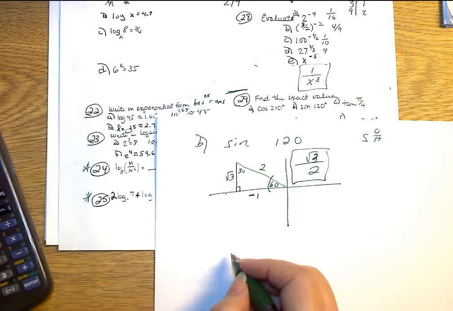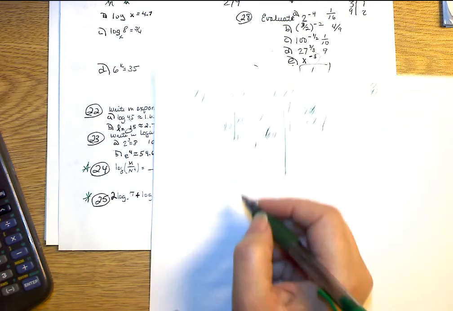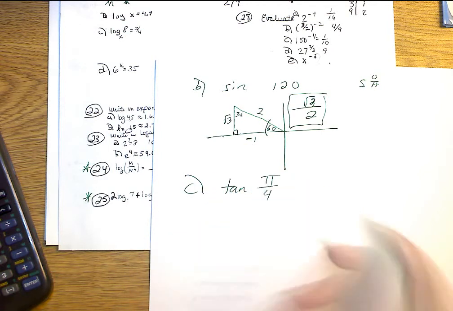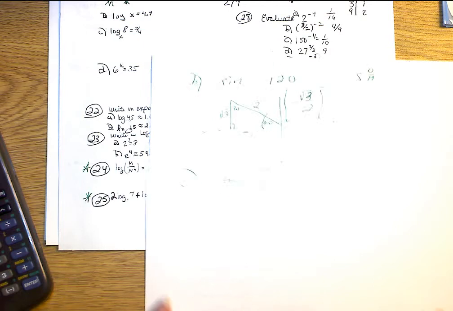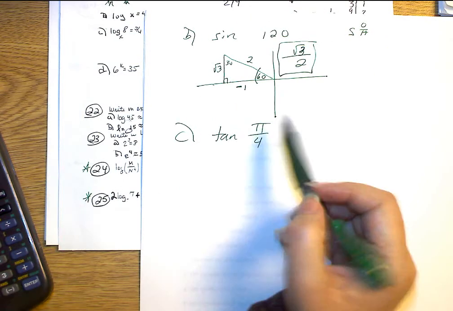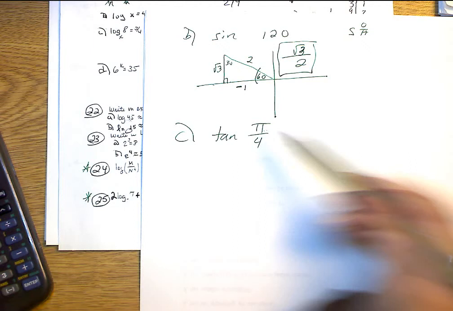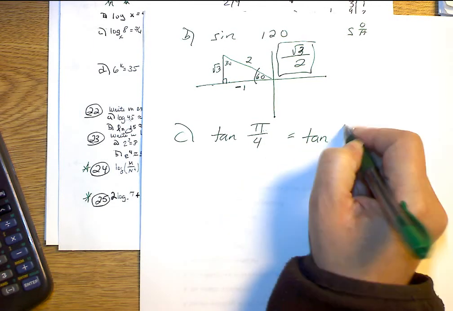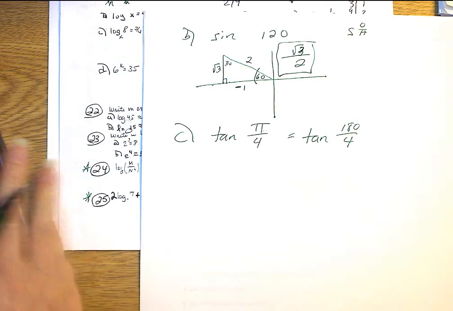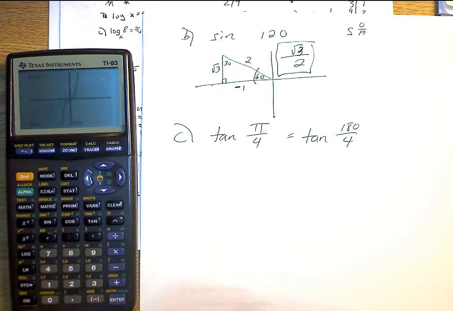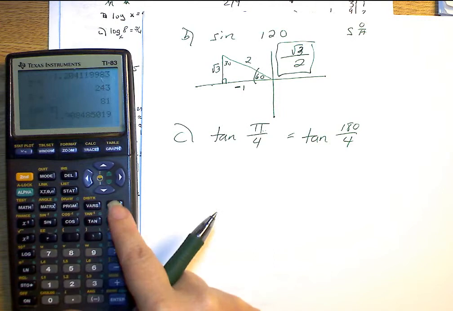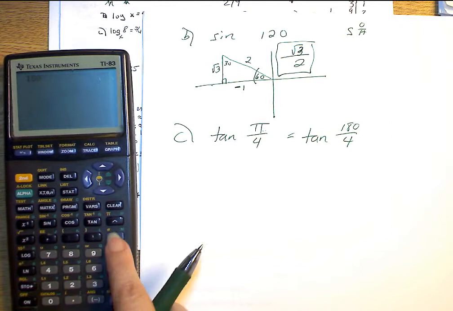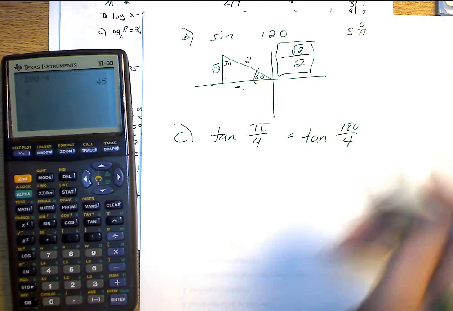Alright, so we have C is tangent of pi over 4. First of all, the first thing we have to do is put it into degrees. How do I convert this to degrees? What does pi equal? 180. So that's going to be tan of 180 over 4. And so I have 180 divided by my 4 gives me a 45 degree.